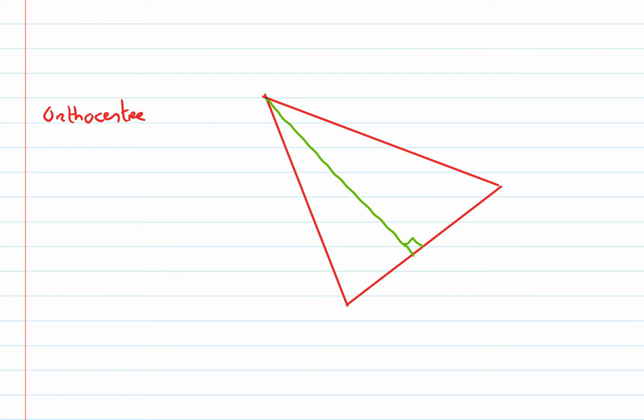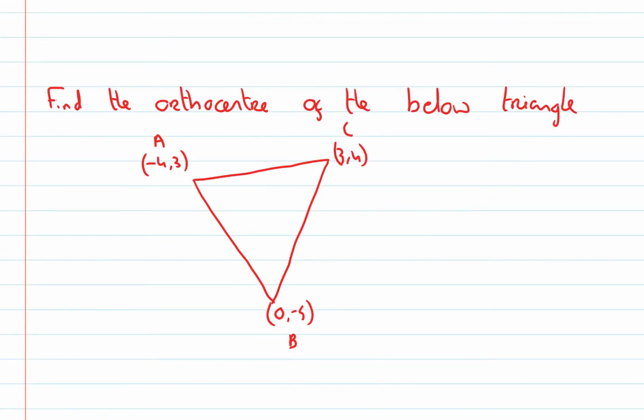Again here, from the vertex perpendicular to the opposite side. Likewise here, perpendicular to its opposite side. Okay. The best way I can show you how to find the orthocenter is to do a question.